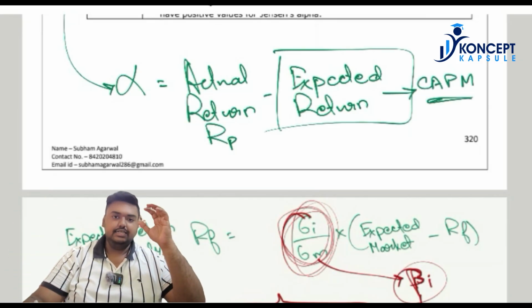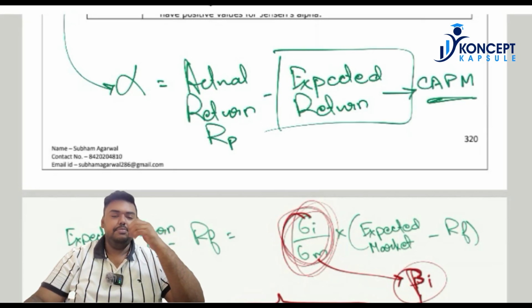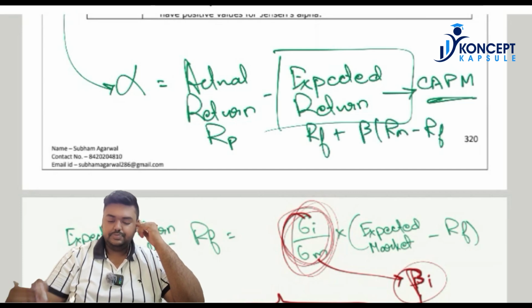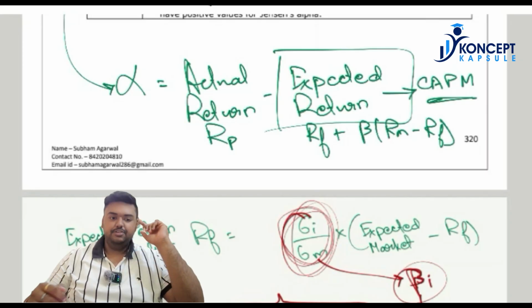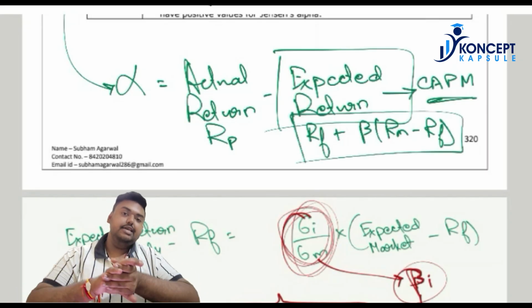CAPM model. Guys, can you help me remember what was the CAPM model? It was RF plus beta into RM minus RF. Guys, this was the CAPM model. Now if you look at it, in the CAPM model, we are using beta instead of sigma.